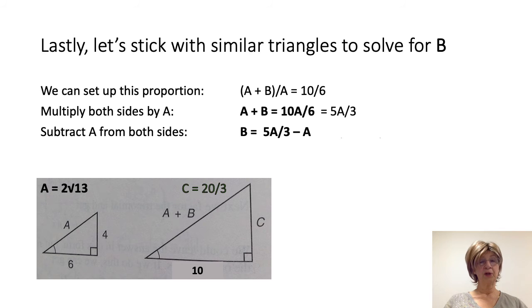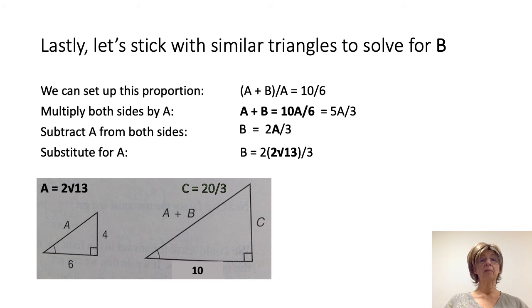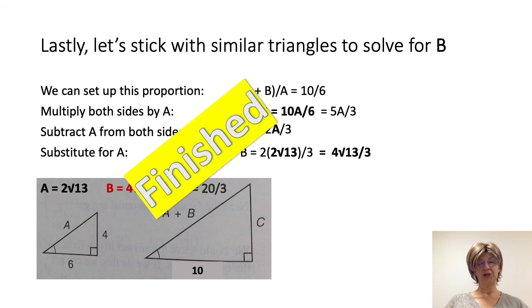B, which we're looking for, equals 5A divided by 3 minus A, or 5A divided by 3 minus 3A divided by 3, which equals 2A divided by 3. So B equals 2A divided by 3, and now we can substitute for A. B equals 2 times 2 square roots of 13 divided by 3, which equals 4 square roots of 13 divided by 3. We are finished.